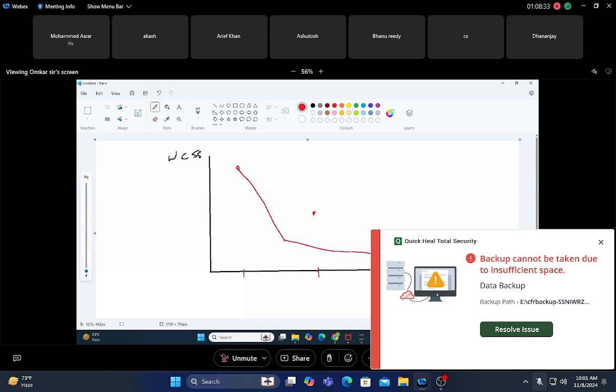Means here the lowest value will come, here some value too. The distance between these two is very, very less, but the distance between these two is very, very high compared to the distance between these two.